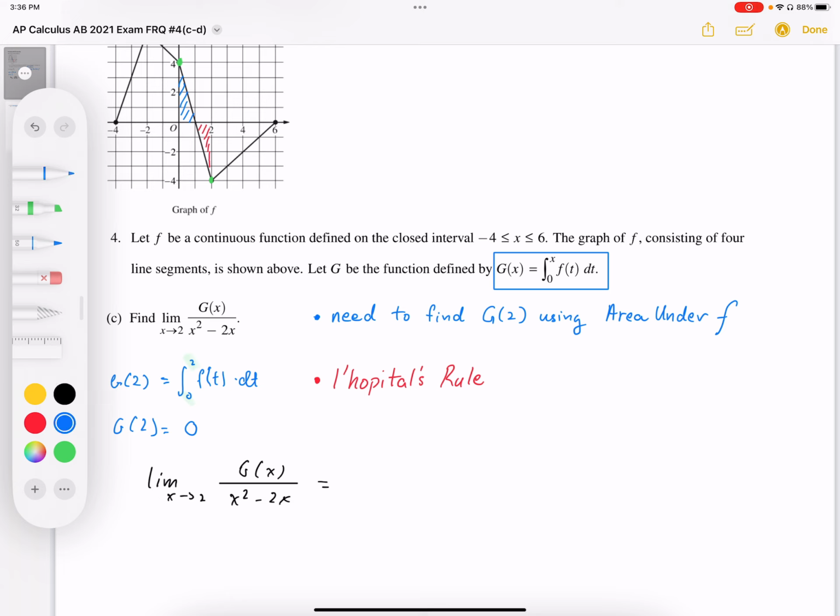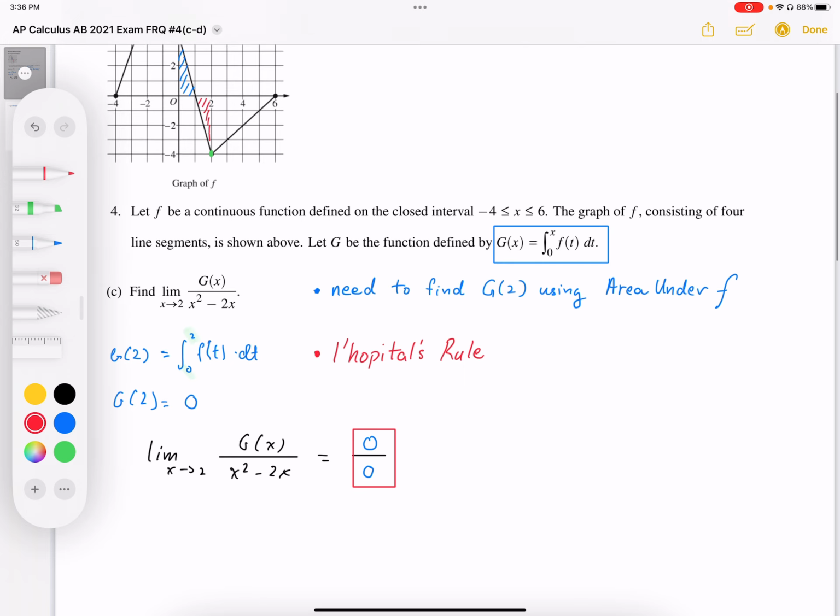That's going to be equal to 0 in the numerator, and when I plug in 2 into the denominator, I end up with 0 divided by 0. Okay, the nice thing about this is it fits the condition for L'Hopital's rule. So we're going to use L'Hopital's rule for this problem.